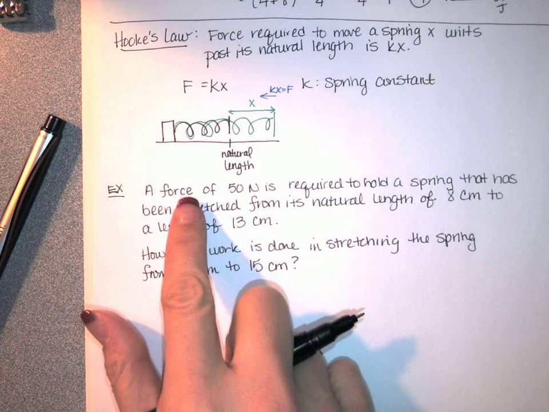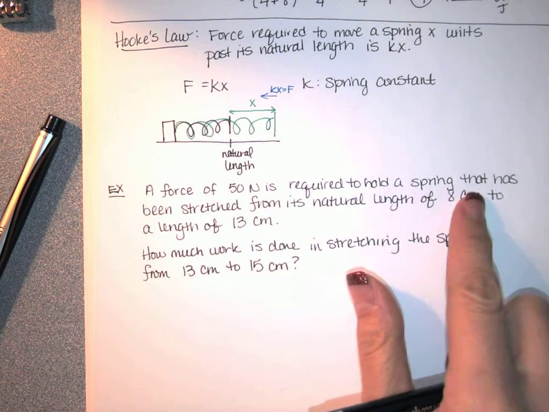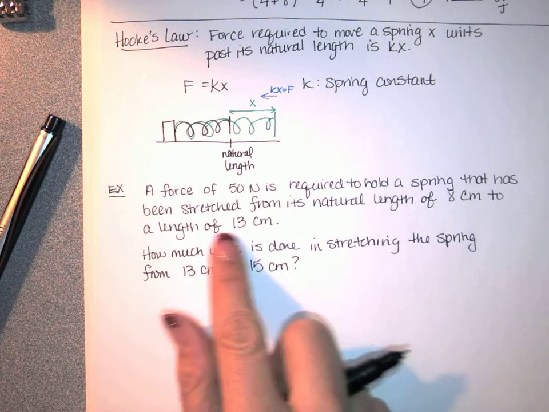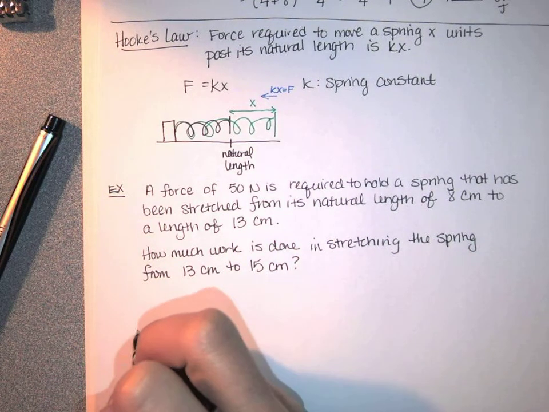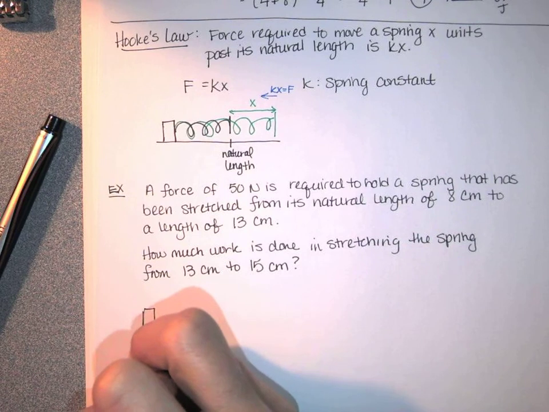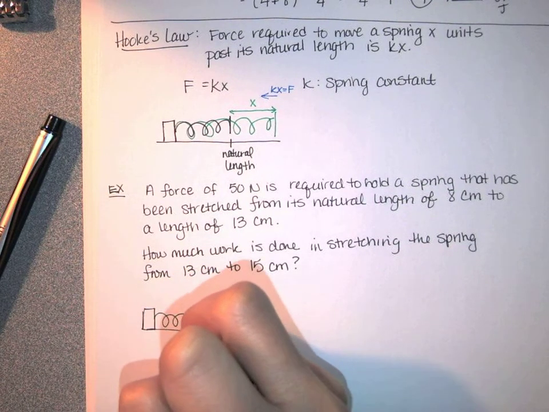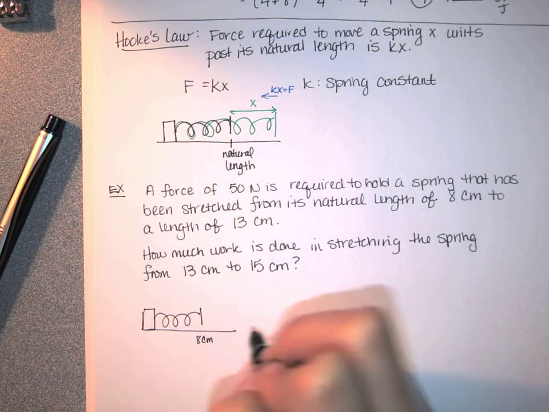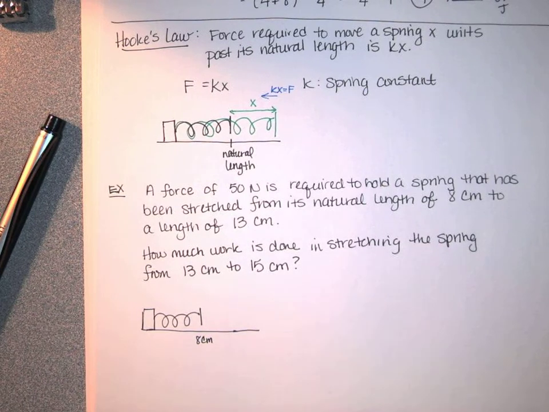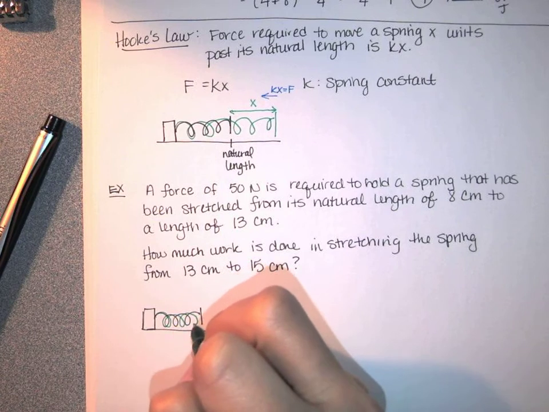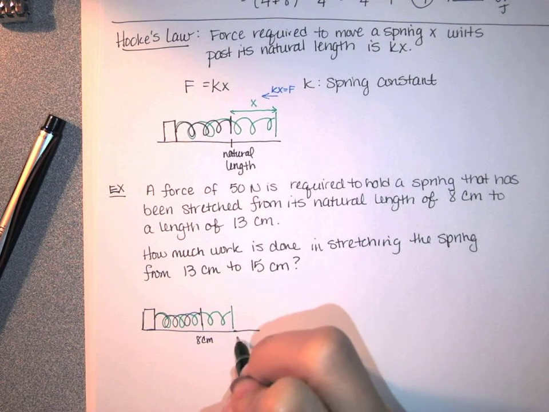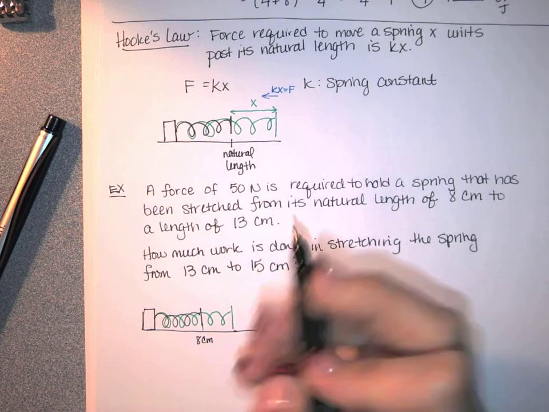So they tell us that a force of 50 newtons is required to hold a spring that has been stretched from its natural length of 8 centimeters to a length of 13 centimeters. So here's my spring. It normally goes out to 8 centimeters, but instead we're going quite a bit further out here to 13 centimeters.